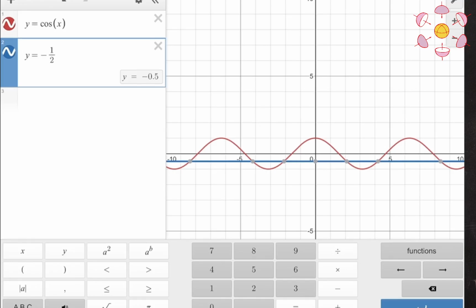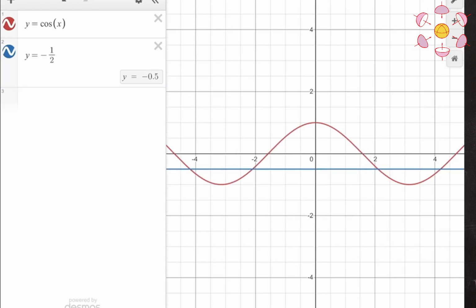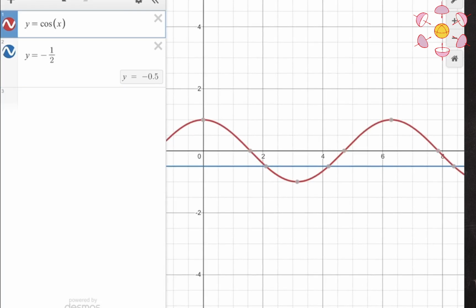What's nice about Desmos is that it automatically looks for intersections. So you can see that we have a bunch of them here. Actually, let's not click on so many of them. Let's click on maybe those two and zoom in a bit.